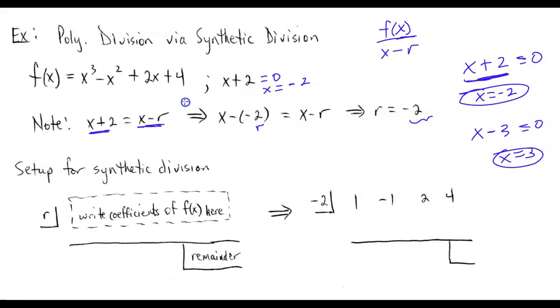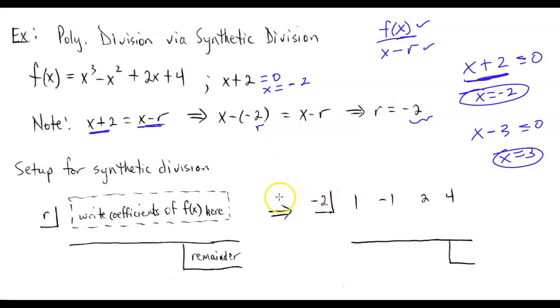Okay. For right now, all we're doing is just saying, will this particular polynomial be divided by this linear expression here evenly? Meaning that, will we have a remainder or not? We already know that we will have a remainder, and that remainder is going to be negative 12, but we're just going to show you how we get that by using the abbreviated way of doing division for these types of problems here by doing synthetic division.